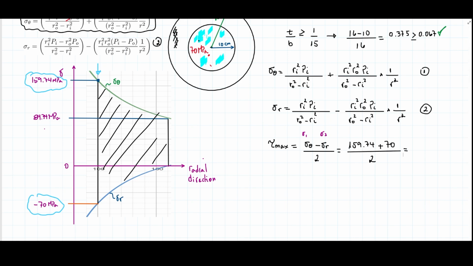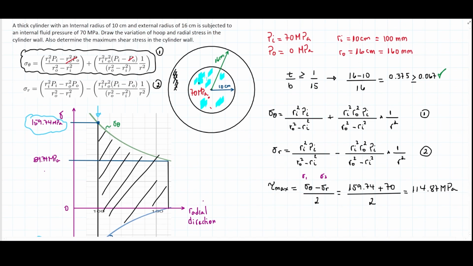And that's given me, if I make this quick calculation, 159.74 plus 70 divided by 2, that's 114.87 megapascals. Let's write it down here. And there you go. It is pretty straightforward.